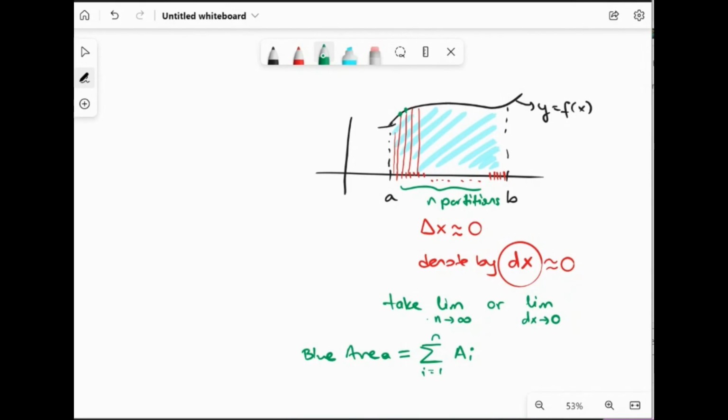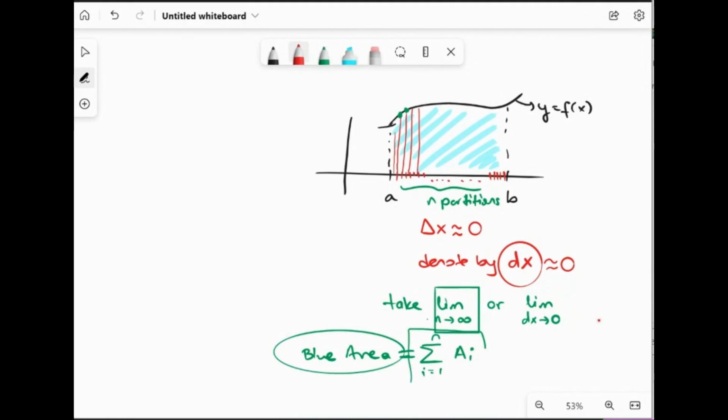So what we do is take the limit as n goes to infinity, and it doesn't matter whether you pick your height from the left endpoint or the right endpoint. It turns out that when we increase the number of partitions, we will get exactly the same value as the area of the blue region.